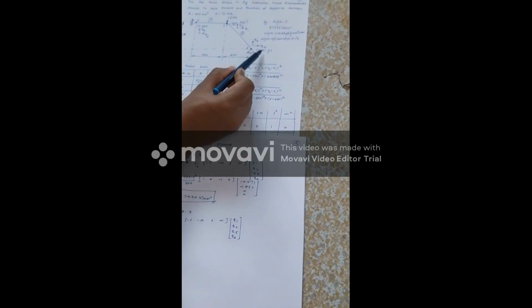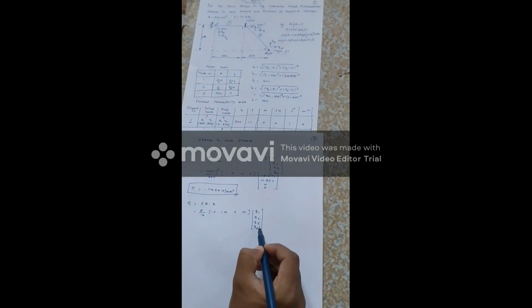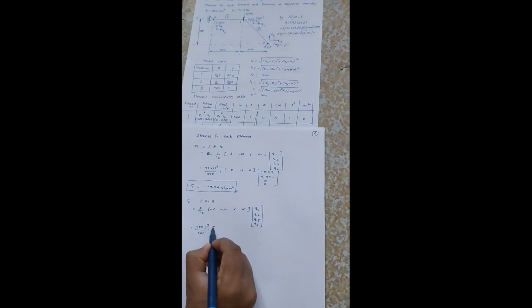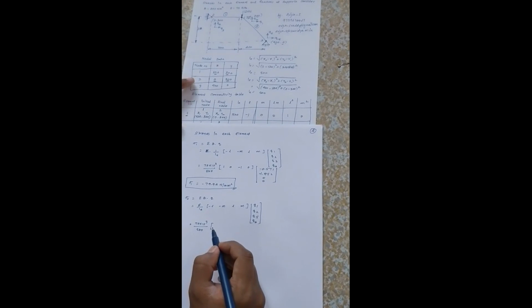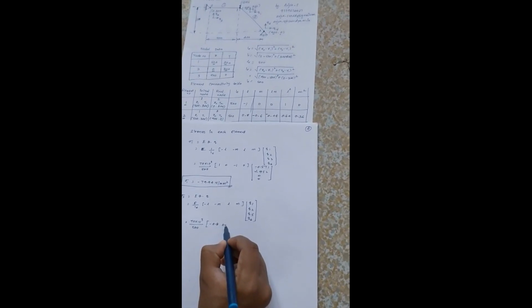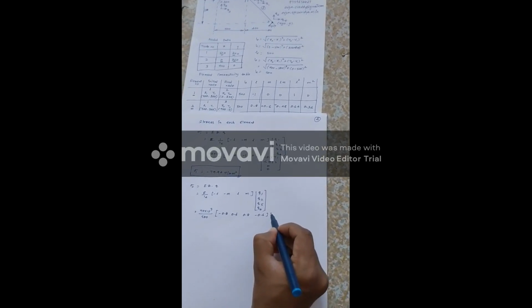At node 1 the displacements are Q1, Q2. At node 3 the displacements are Q5, Q6. So that is why we have written it like this: 70 into 10 power 3 over 500, the length of the element, times minus 0.8, plus 0.6, plus 0.8, minus 0.6.